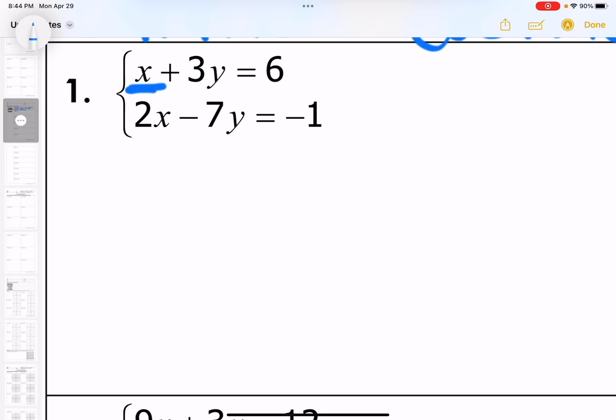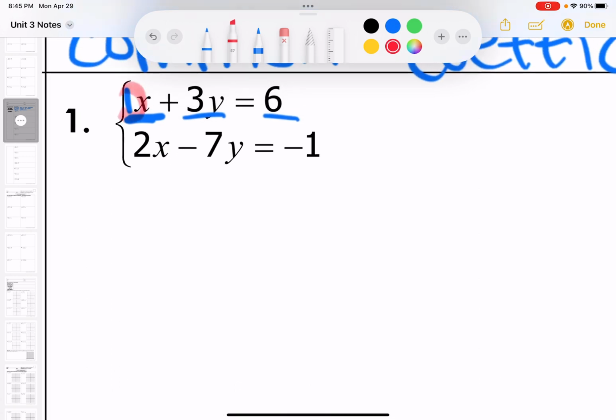So, there's a 1 in front of this x. Now I have to figure out what I have to multiply to that equation in order to get a 2 beside it. I don't care about the 3y or the 6. I just want to figure out what I have to multiply to the 1 right here to get a 2 beside it. So we have to multiply by 2 because 2 times 1 equals 2.